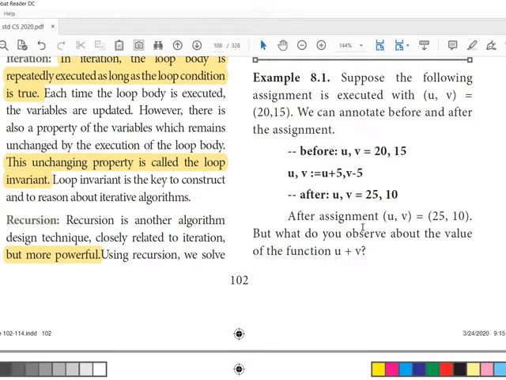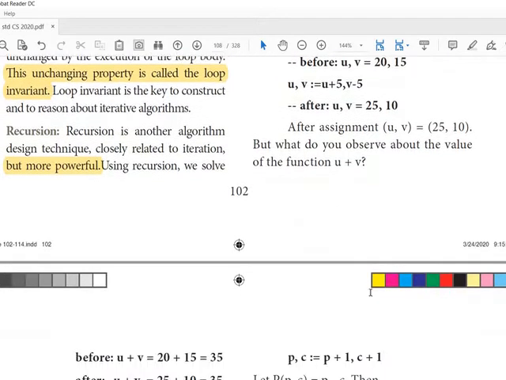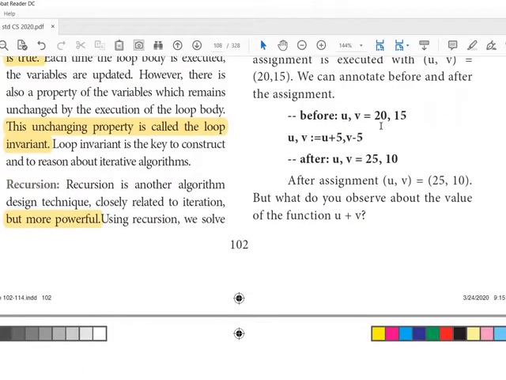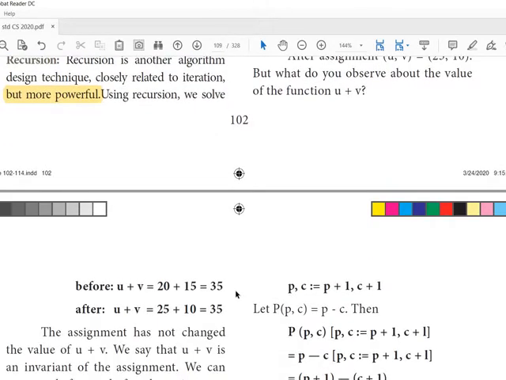After the assignment, what do you observe about the value of the expression u plus v? Before the assignment, the first time, it is 20 plus 50, which is 70.